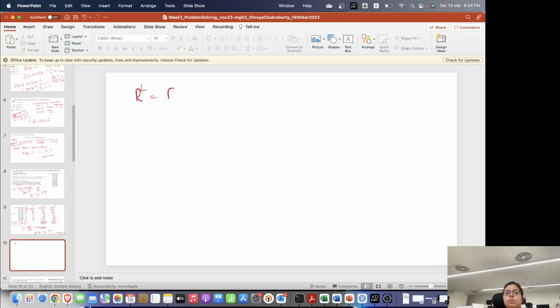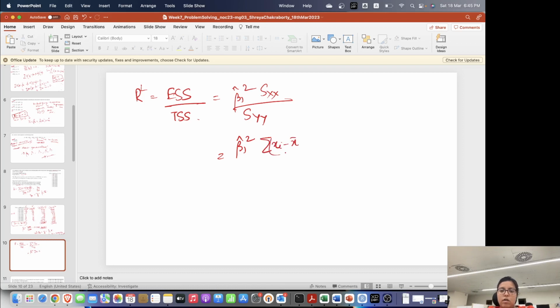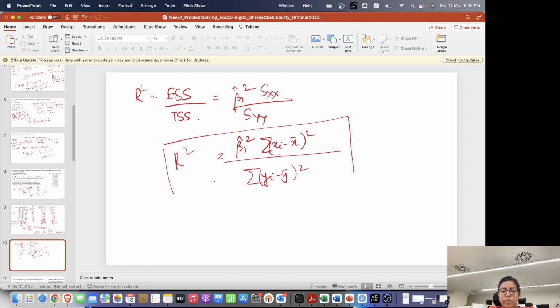It is the explained sum of squares divided by total sum of squares. Now this one is beta 1 hat square into sxx by syy, or in other words, beta 1 hat square summation xi minus x bar whole square divided by summation yi minus y bar whole square. So this is the formula for r square.